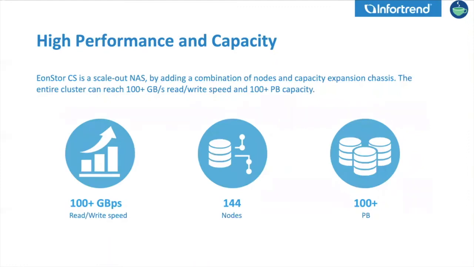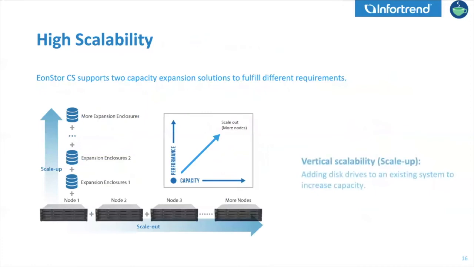In terms of expansion, the CS supports over 100 gigabytes per second in read and write performance. That equates to about 144 nodes. And those 144 nodes fully maxed out will give you over 100 petabytes of storage, which is obviously pretty significant.